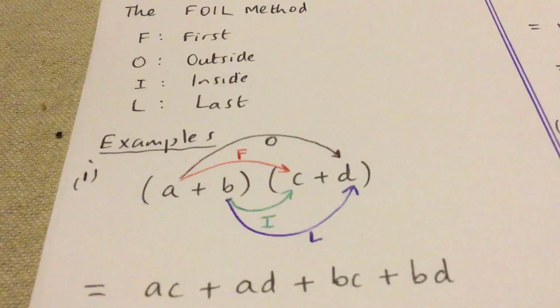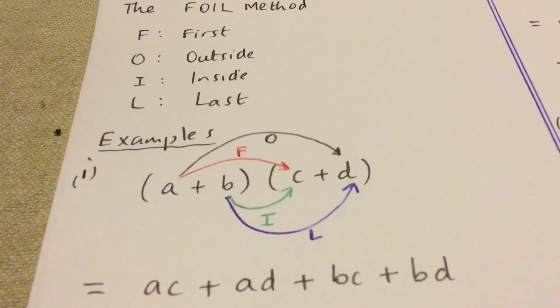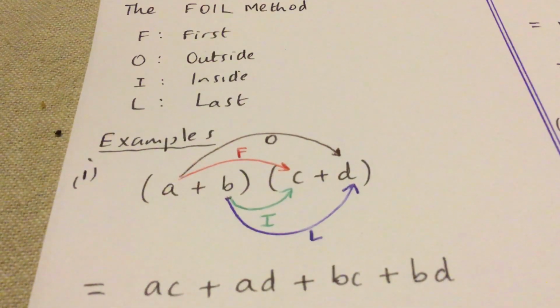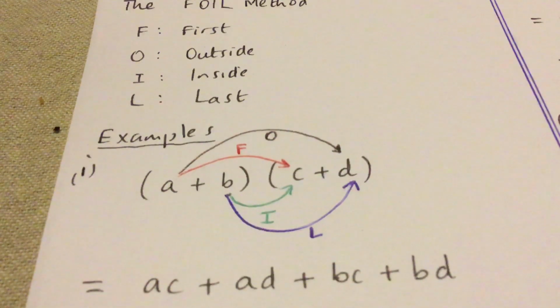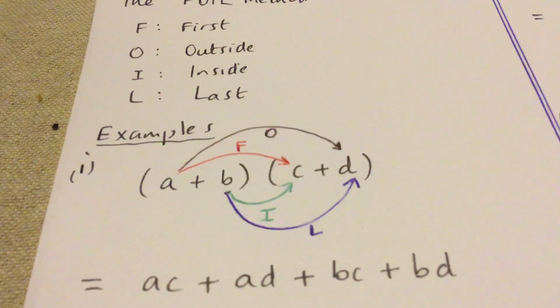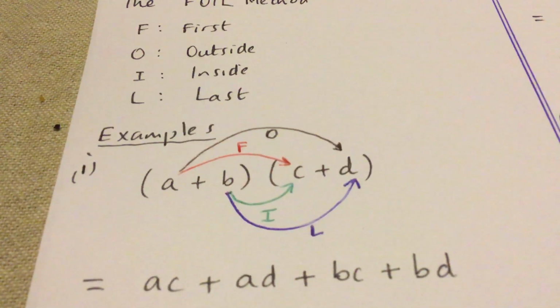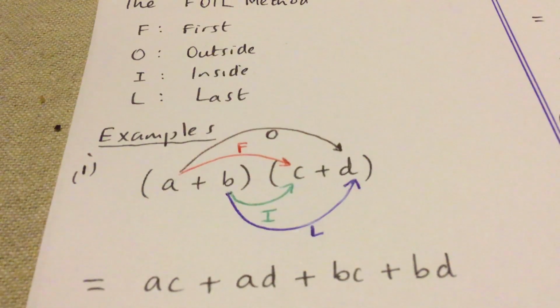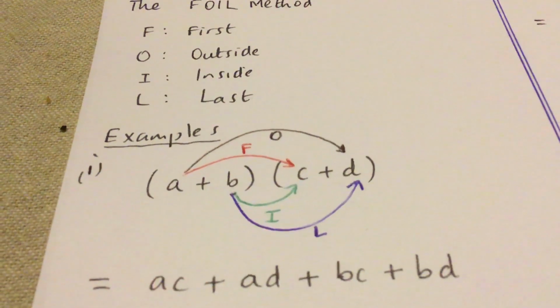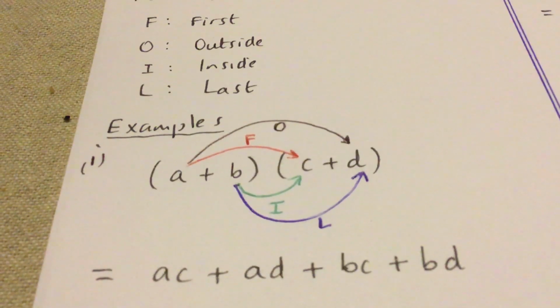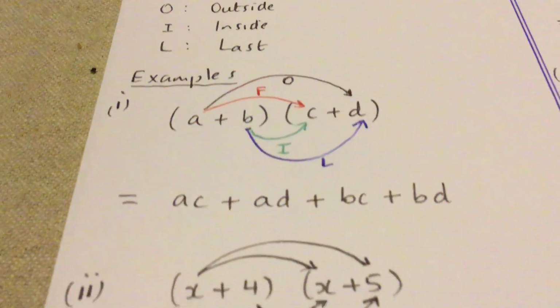And similarly, I is for inside, so the second element in the first bracket multiplied by the first element, shown by the green arrow and the letter I, so B times C, that will give you BC. And last, you just multiply the last element in each bracket, so the B times the D, and that just gives you BD. And since there are no like terms, that's the answer.